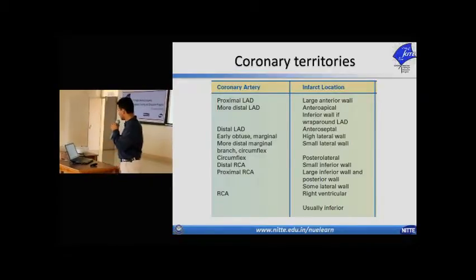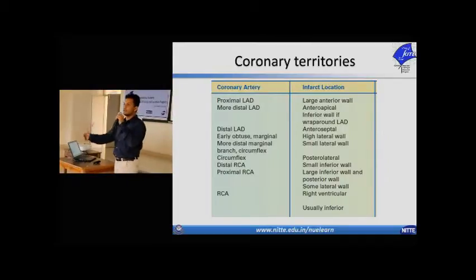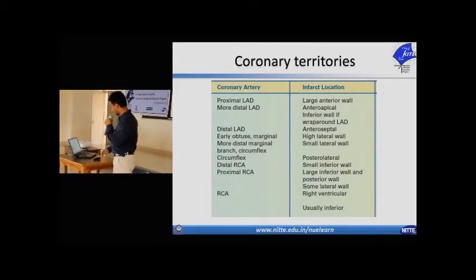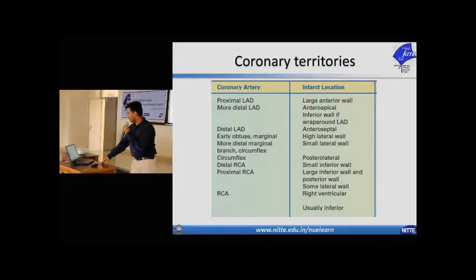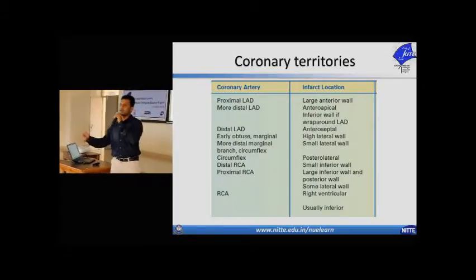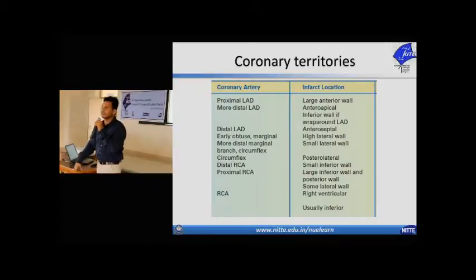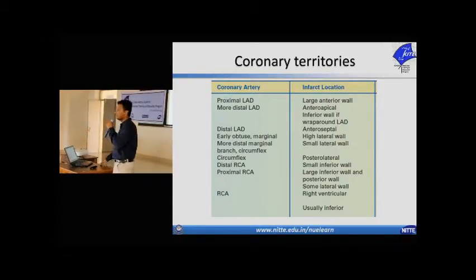It causes a large anterior wall infarct. That is the anterior wall, it includes both the ventricles. More distal LAD causes an anteroapical infarct, or the most distal part of the LAD, if it gets affected, causes an infarct in the inferior wall.